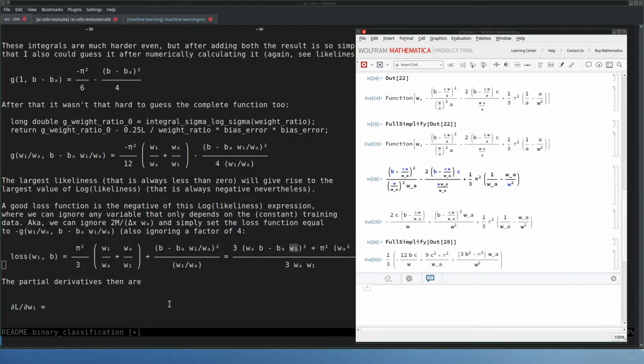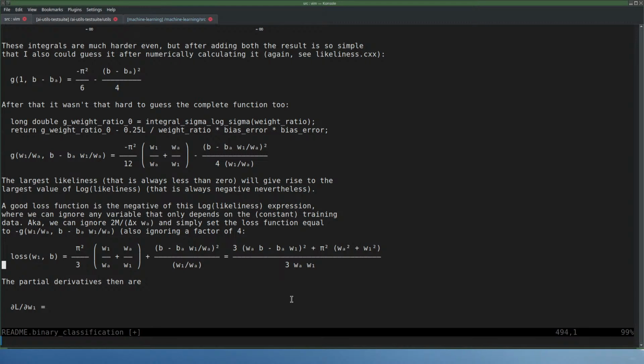This is a problem. The derivative depends on the actual weight and the actual bias, which I don't know.